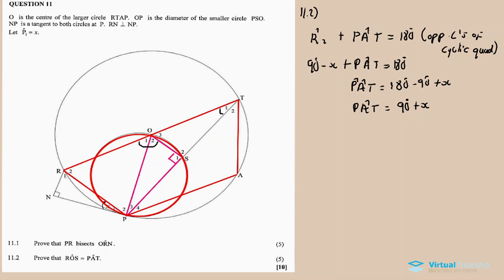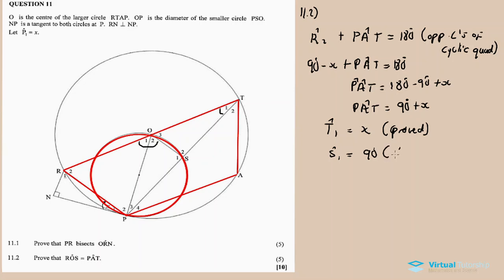Now we can calculate. But first we need to say T1 is equal to X. We proved this. This has been proved, so it's X. And then S1 is in fact 90 degrees. Why?